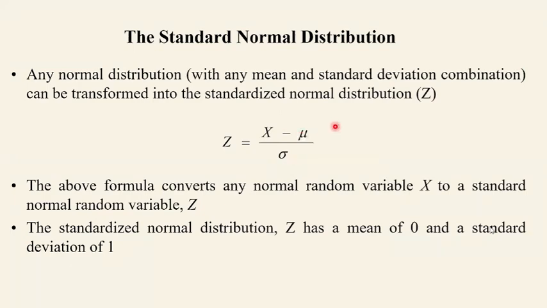If X has a normal distribution with mean mu and standard deviation sigma, then a particular X value is transformed into the standard normal value by applying this formula. In this case, the variable has mean 0 and standard deviation 1.